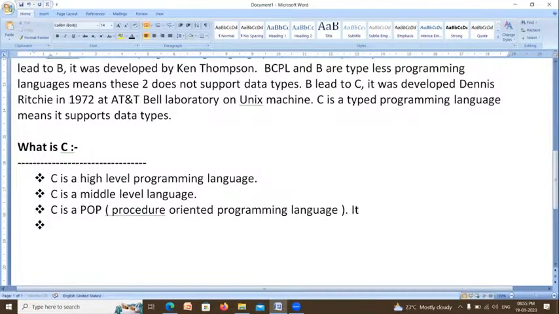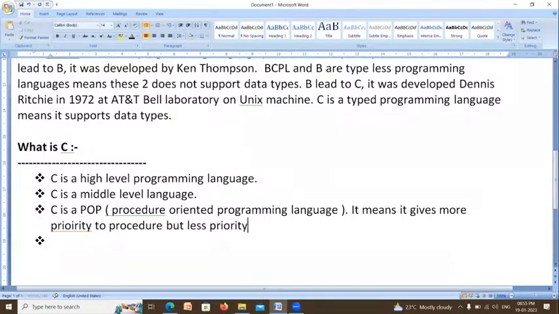Procedure oriented means it gives more priority to procedure, but less priority to data. That is the meaning of that.